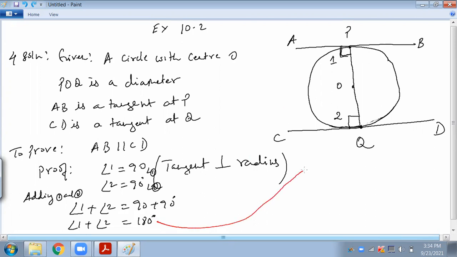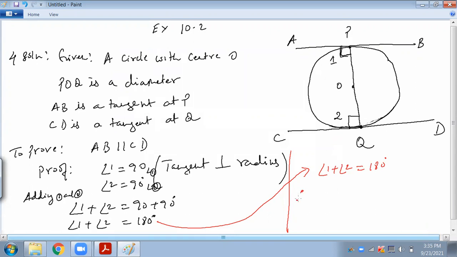So angle 1 plus angle 2, we are getting equal to 180. That means we are getting the sum of the co-interior angles, the interior angles on the same side. Both the angles are in between the lines and they're on the left side. They're on the same side. And we got the sum equal to 180.